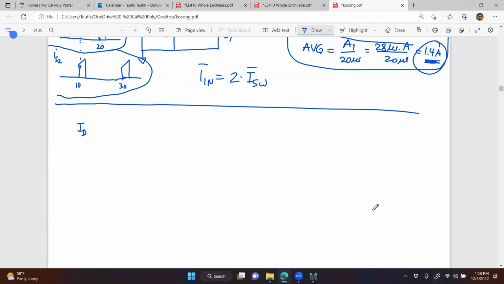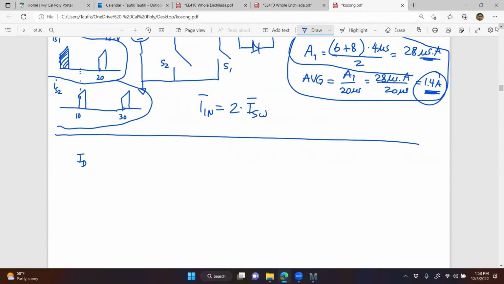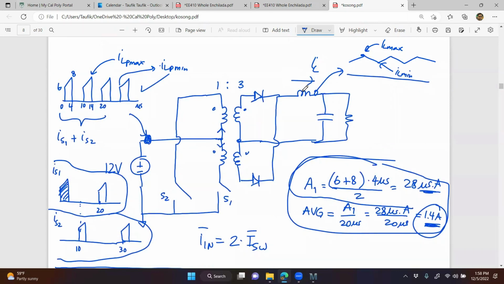And what is it asking again? Average current through each diode. If you look at the topology right here, here's IL and here's I diode 1 and I diode 2. By KCL, IL must be equal to I diode 1 plus I diode 2.